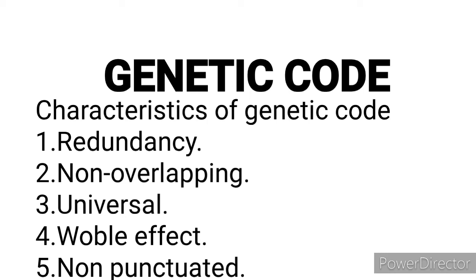Now, the fourth characteristic is the wobble effect, the wobble position. This characteristic is defined as the ability of the third base to change, especially in non-standard genetic code, simply because non-standard interactions occur between bases in wobble positions.